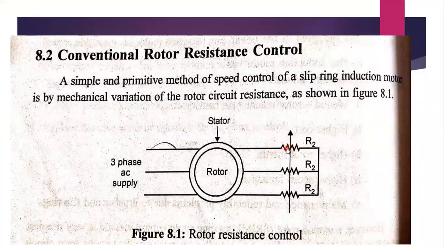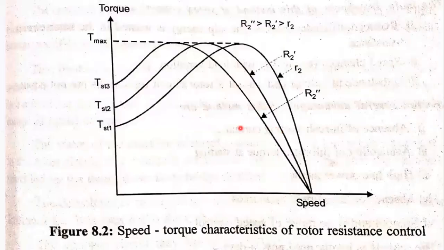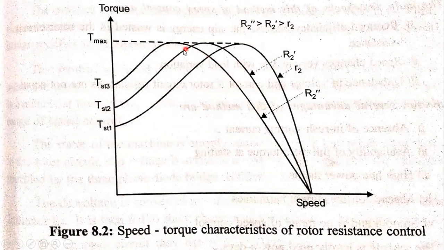Then the starting torque of the induction motor is more, and it is easily started. In this way, the slip ring induction motor can be started by increasing the rotor resistance. We have to control the 3-phase induction motor in this way.